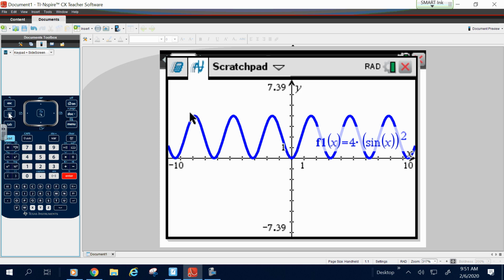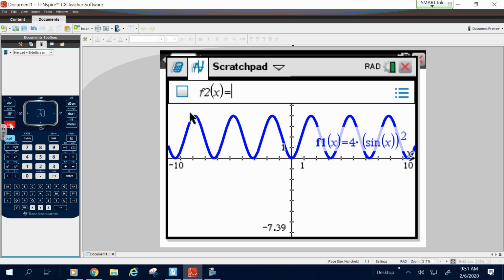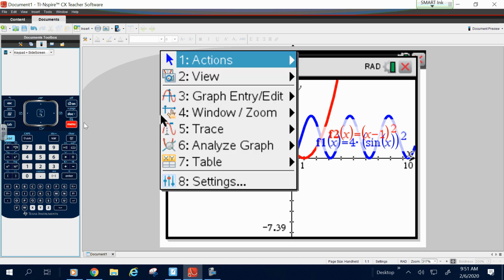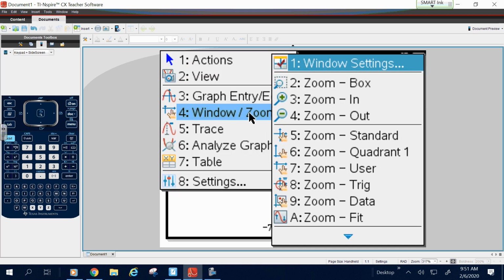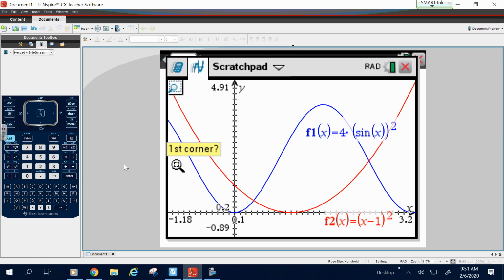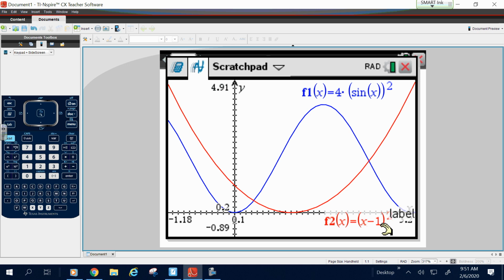All right, and then x minus 1 squared, parabola right 1, boom. I'm gonna do a little zoom box action. All right. You have something like that. Are we cool?